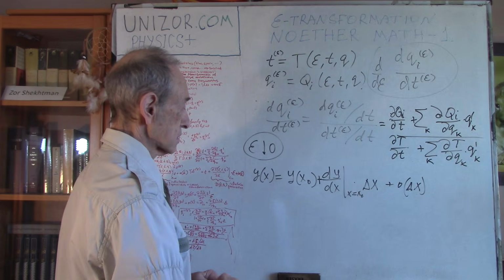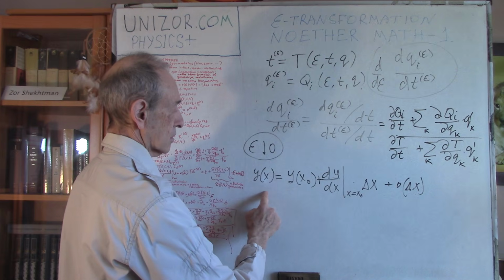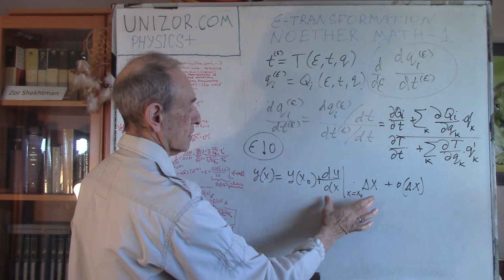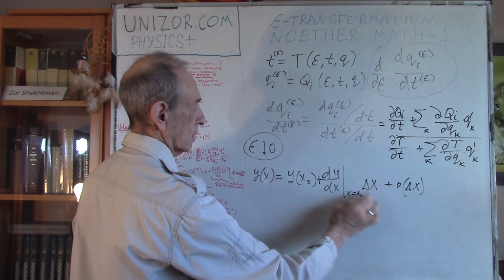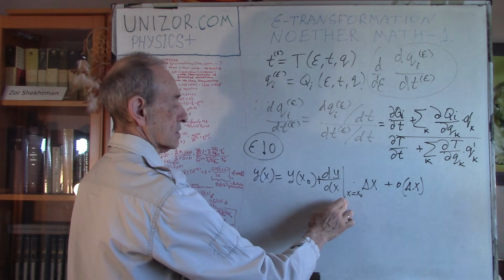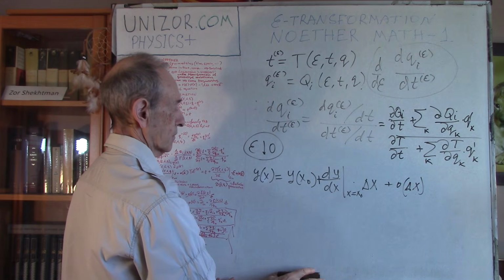Now we will use the same thing. If you are deviated from x0, then the deviation is the multiplication of the deviation of the argument times the derivative at this particular point. We will do exactly the same thing.